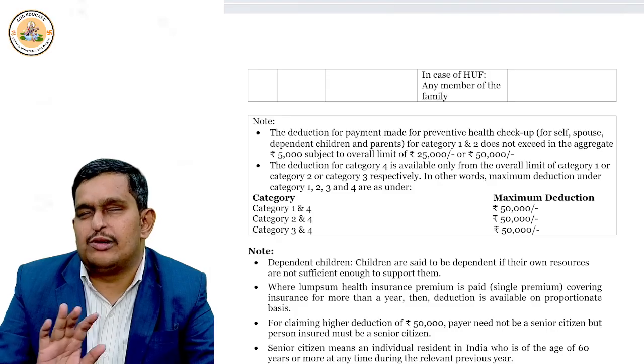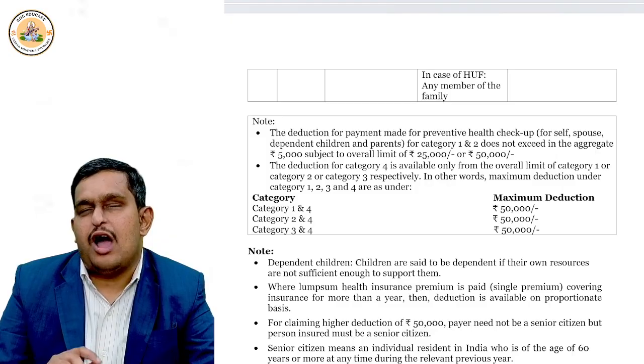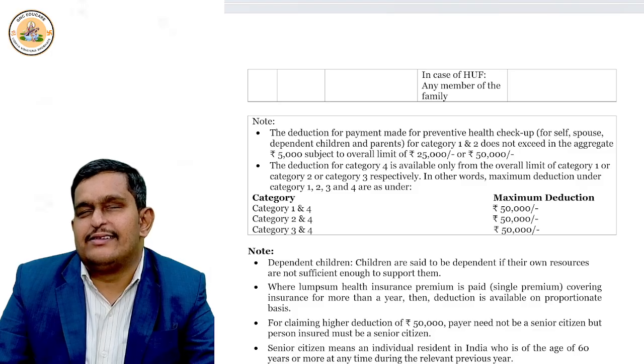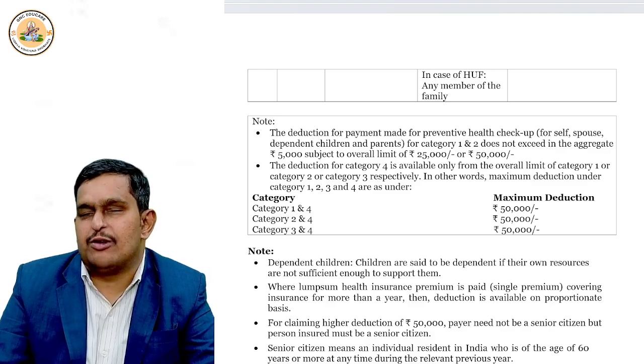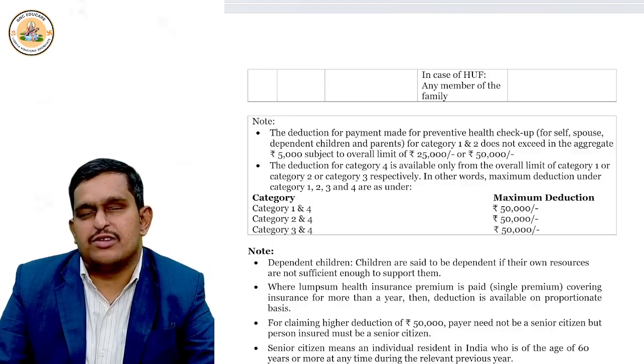So for preventive you don't get anything extra. Okay. Now, how much deduction can we actually claim? The answer is, look, 1 plus 4 cannot be more than 50,000. So whether you pay premium or do treatment of a senior citizen, all that together cannot be more than 50,000.